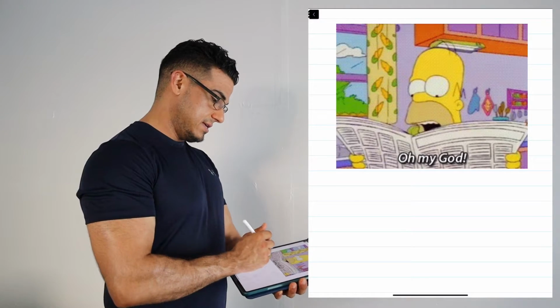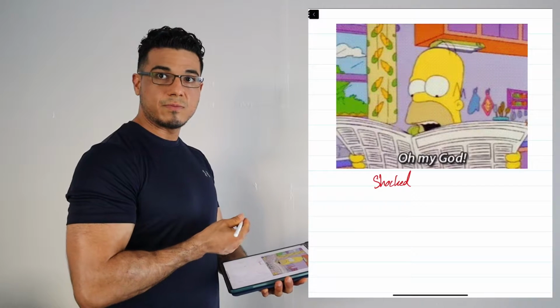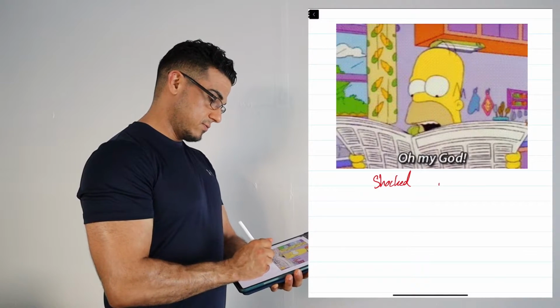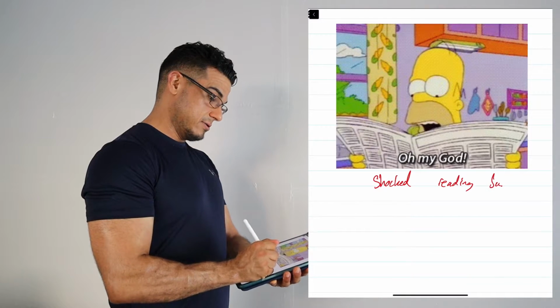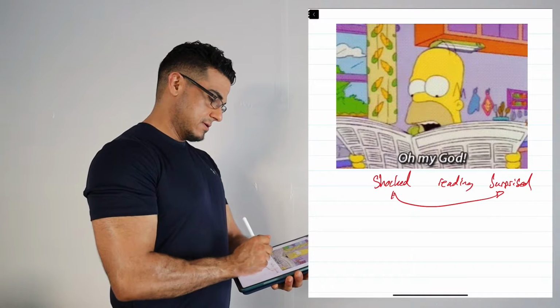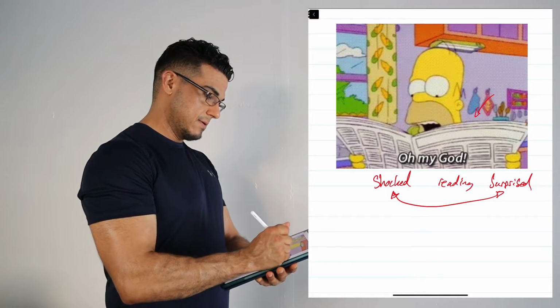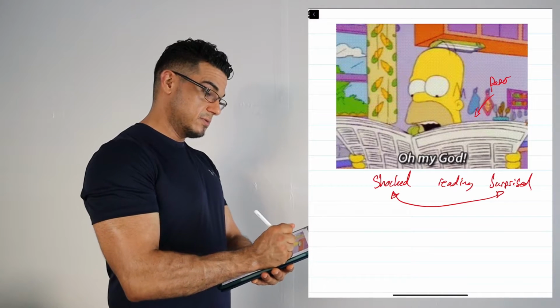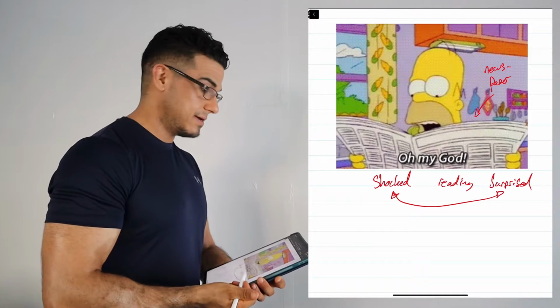All right, so he is shocked. And what I'm doing is I'm just generating a word bank. He is reading. Let's see. He is surprised looking. And I suppose those two can act as synonyms. He's holding a newspaper, not that students will recognize that.